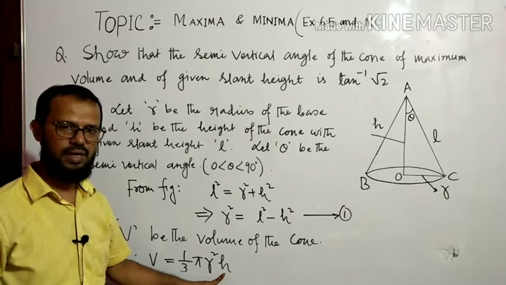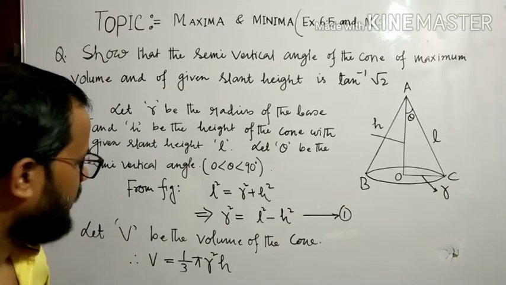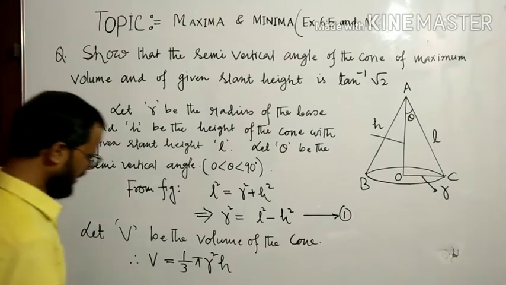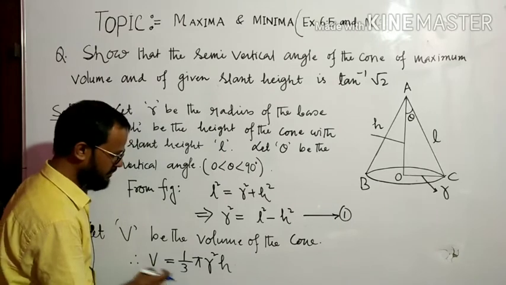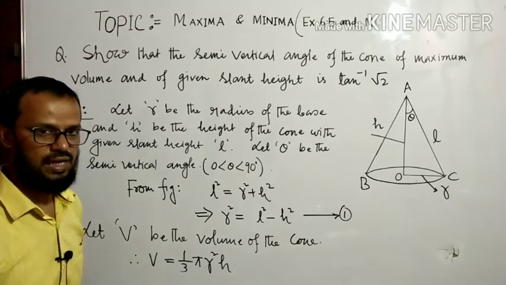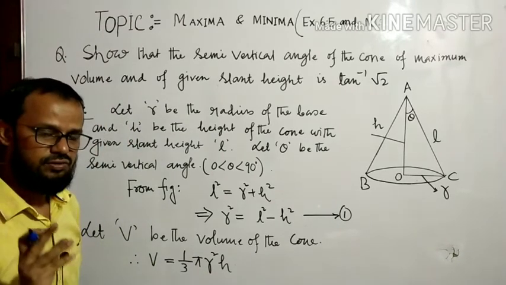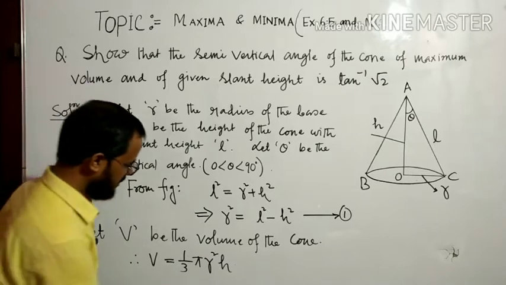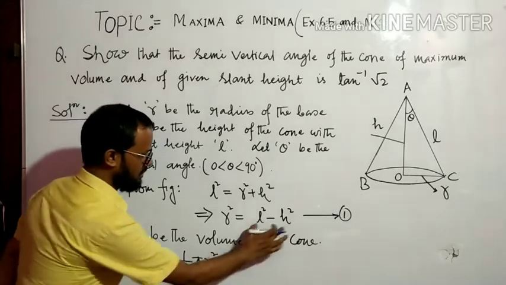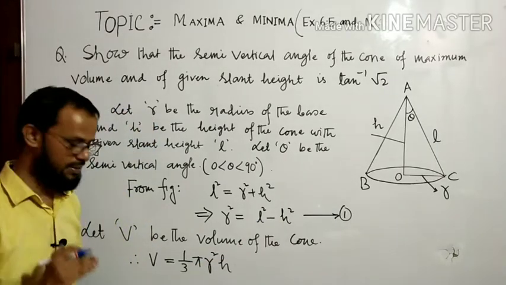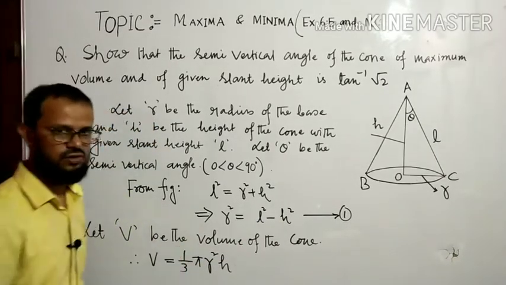Here r and h are both variables, so V can be converted into either one of them. We are replacing r square with that term. Ultimately V becomes a function of h.